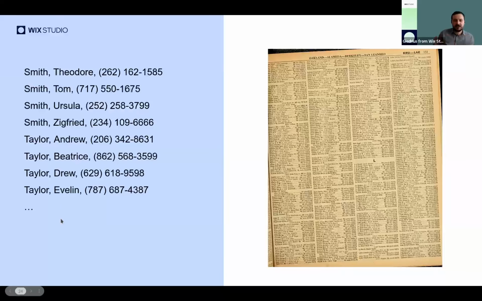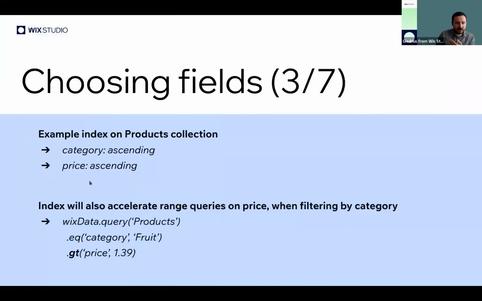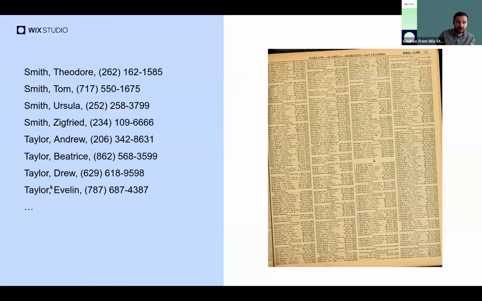So the same works with indexes. If you had an index on two fields and you query only by the first one, you're going to find all of those values, and it's going to be efficient because all the Taylors, all values of the first field, are next to each other. However, finding something by the second field in the index, let's say by price or by greater price without specifying category, wouldn't work, just like in the phone book.